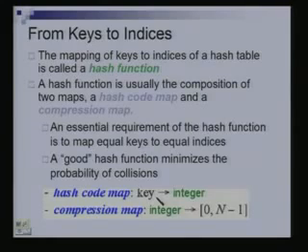But when your keys are not integer keys, then you will have to first convert them into integer keys in this manner. But this integer could be from an arbitrary range. Now we need to bring it to the size of our hash table. If n is the size of my hash table, then I need to bring this integer to the range 0 through n minus 1, so that it can be mapped to an index of my table.